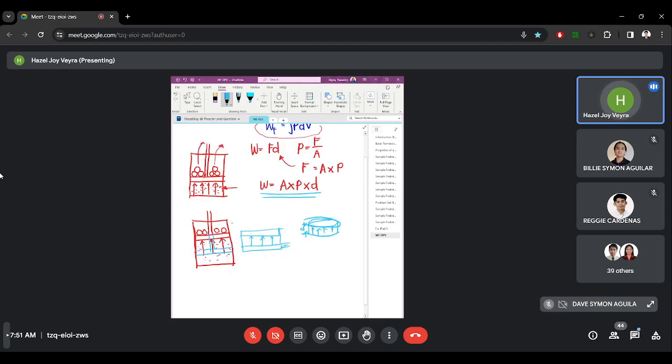Na clear po sa lahat? So yung work na tinutukoy dito is yung displacement. Dun equivalent yung work done by the system. Clear ba? Clear po, ma'am. Okay. So yun siya si flow work.